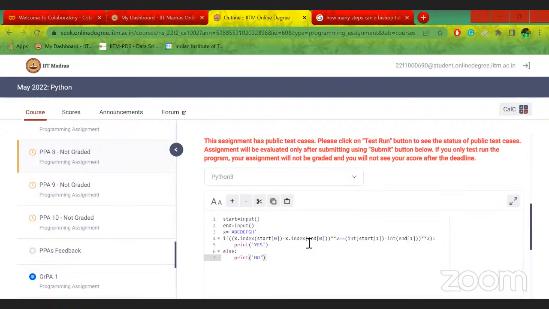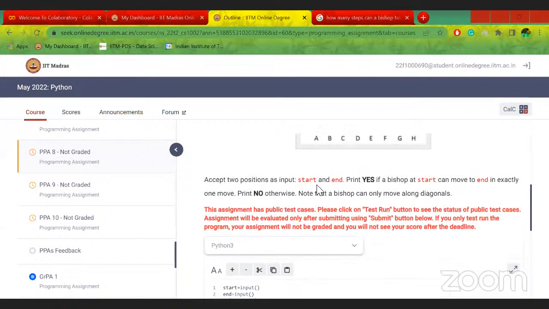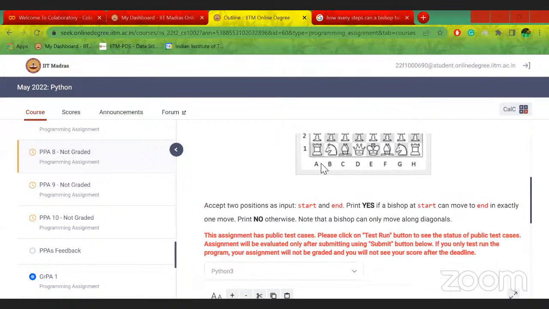I find the difference, and difference could be negative also, so I squared it up, and this should be equal to start of 1, which gives me the integer part of the string.